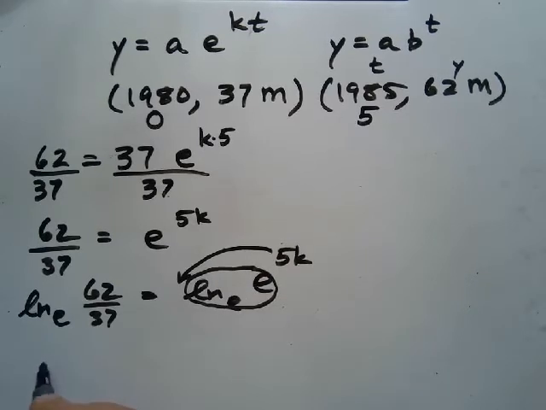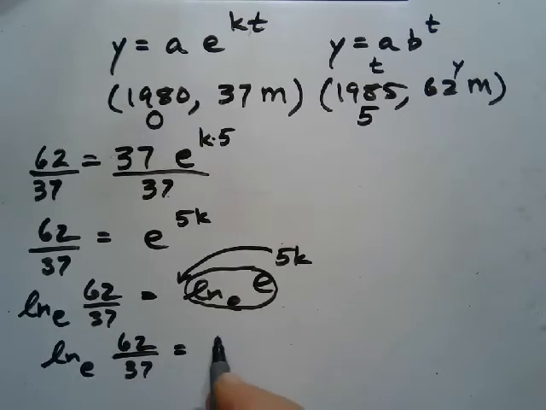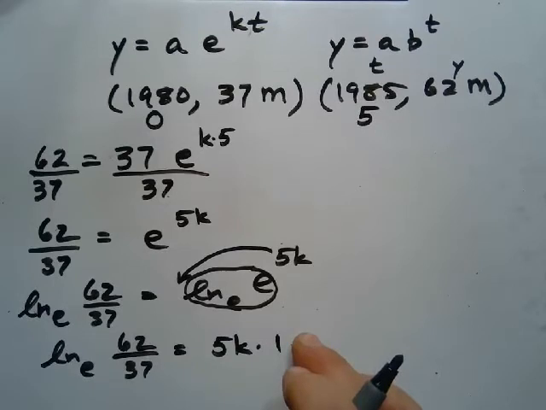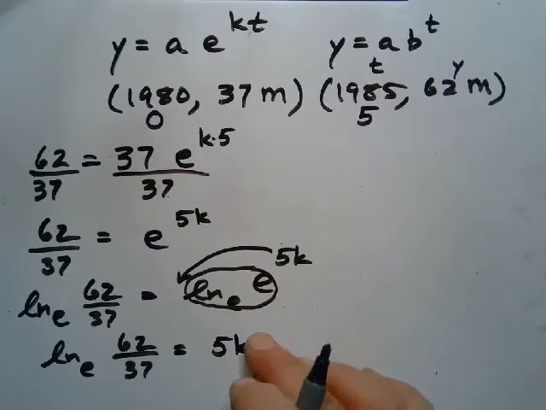So we have the natural log of 62 over 37, and that 5k came around to the front and is multiplied times 1. I don't really need to show that because natural log and base e undo each other and become 1.